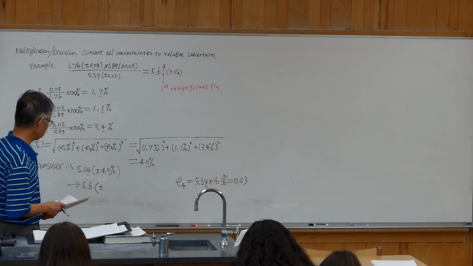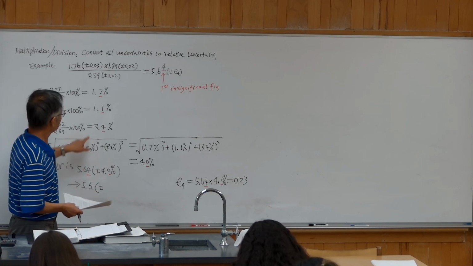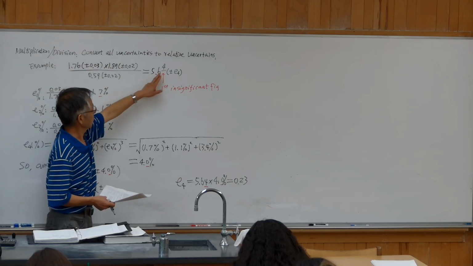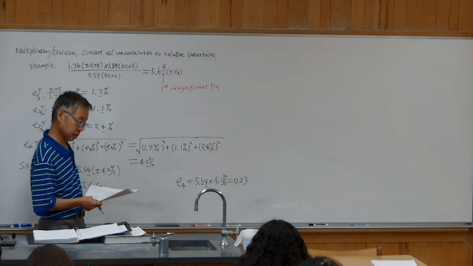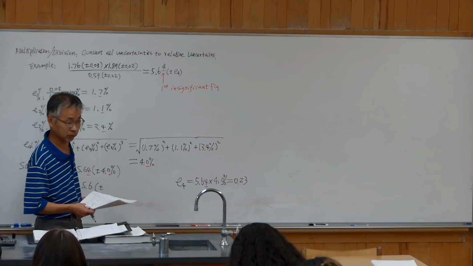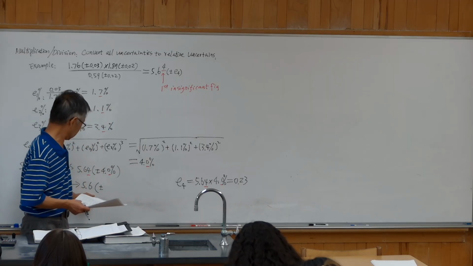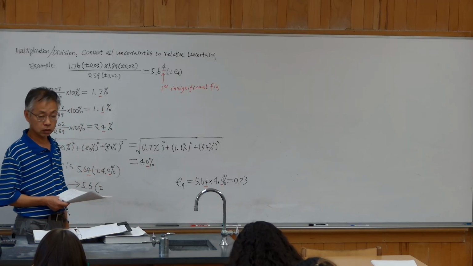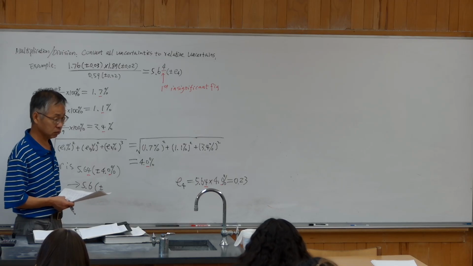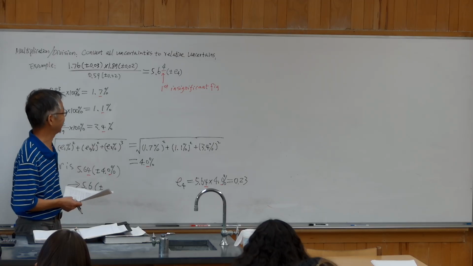So for the absolute error, now we know this is insignificant. Now here is the final answer. We don't need a cap. So this 4 is below 5, just delete it. Then how many significant figures should we keep for the absolute error? You can simply look here.